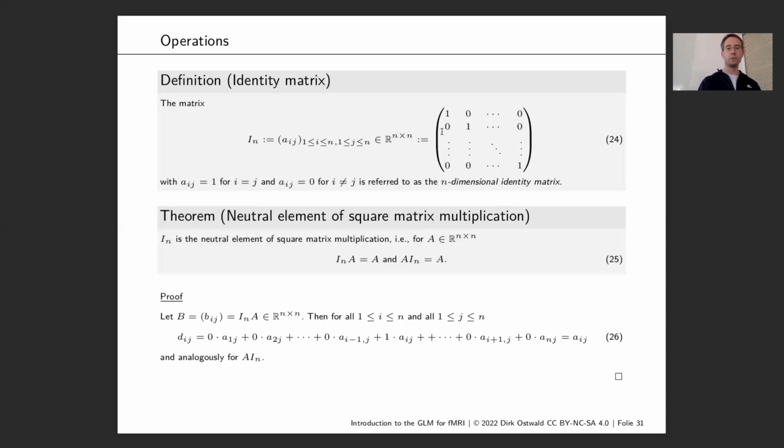For example, with a 2 by 2 matrix and the 2 by 2 identity matrix 1, 0, 0, 1, multiplying them we end up with the same matrix as before.